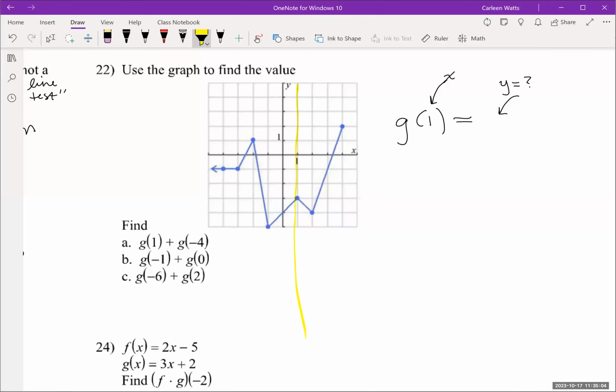That is the point. That is the line X equals 1. Everyone see that? What is the Y value when X equals 1? Right there? What is the Y value when X equals 1?